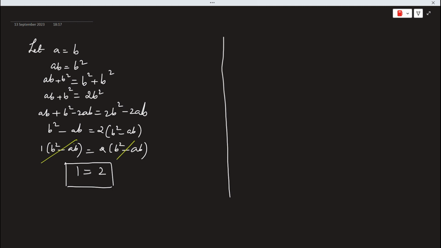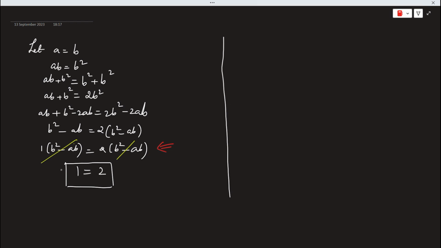What is that exactly? The mistake is cancelling the term b square minus ab on both sides. This is not allowed.